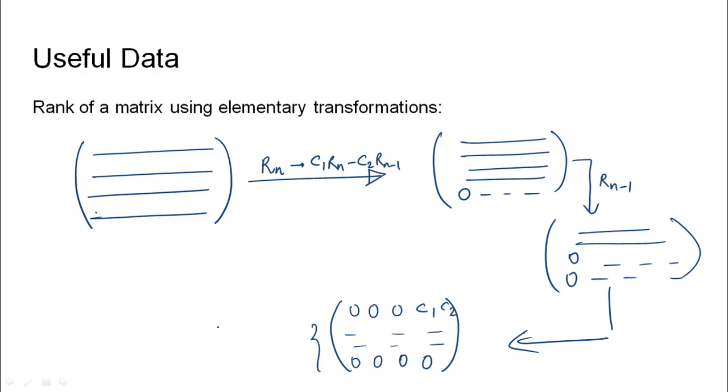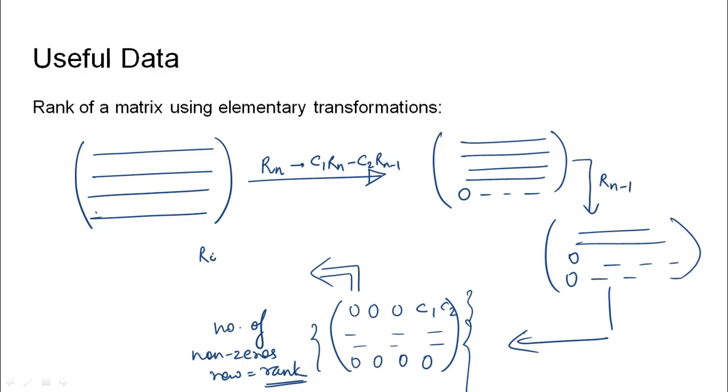So the number of non-zero rows that are left is called the rank of the matrix, and this form, where a certain number of rows at the bottom of the matrix are 0 and some of the rows at the top may be non-zero, is called the row echelon form of the matrix. So in order to find the rank of a matrix, first it should be converted into the row echelon form, and then the number of non-zero rows in that matrix is given as the rank.